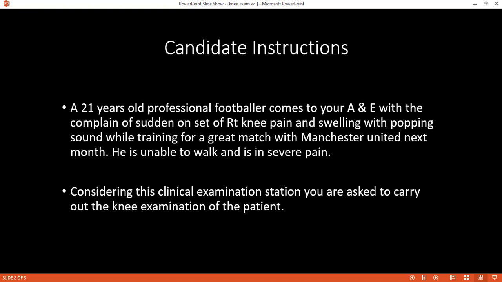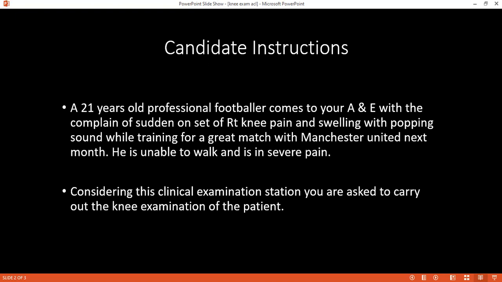Active and passive movements are all possible, the straight leg raise test is positive, and there is a positive Lachman's test indicating an anterior cruciate ligament injury, while there is no valgus or varus deformity and no pain over patellar movements.